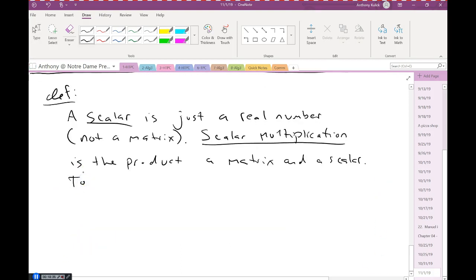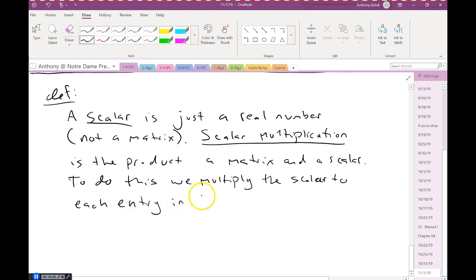To do that multiplication, we multiply the scalar to each entry in the matrix.